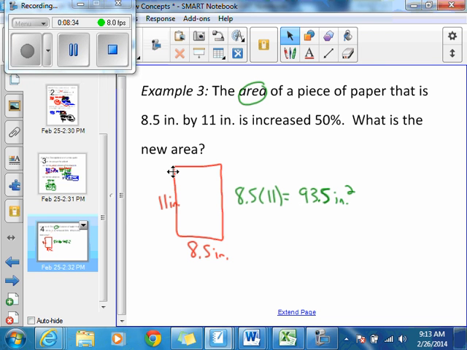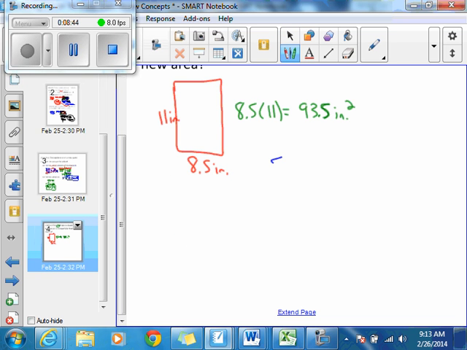All right, now it tells us the area is increased by 50%. So I see a percent. I'm going to take my percent and put my percent over 100 because it always goes over 100. And I'm going to put my original area on the bottom.